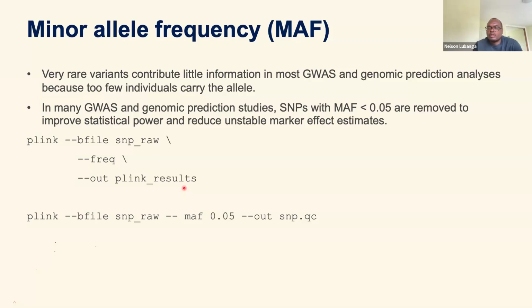With so few carriers, the statistical power is low and the estimated marker effects are unstable and prone to genotyping errors. For this reason, SNPs with minor allele frequency below 5% are typically removed, which improves the power and stability of effect estimates.